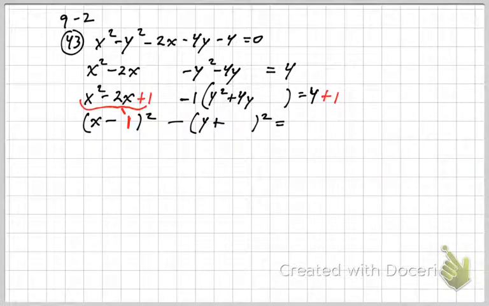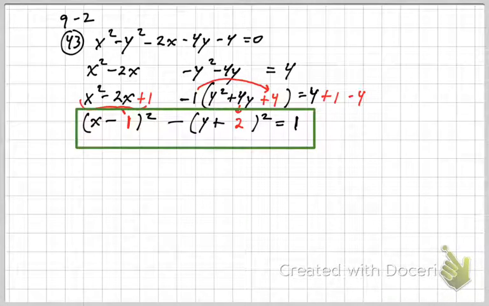Cameron, a lot of people are going to miss this. What's half of 4 here? 2, and what's 2 squared? But in reality, you added a negative 4, right? Negative 1 times 4. So you also have to add a negative 4, which makes the right side just equal 1, I think. So I think I have it in the form already.